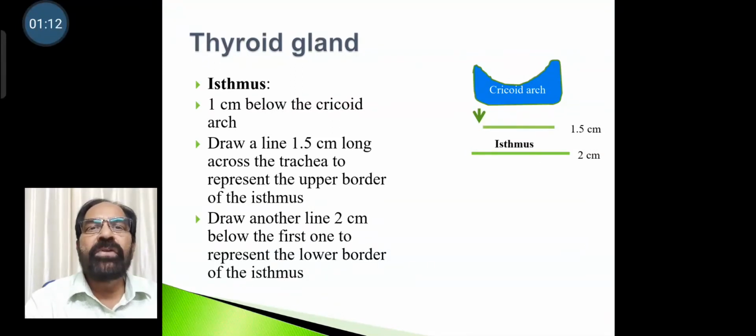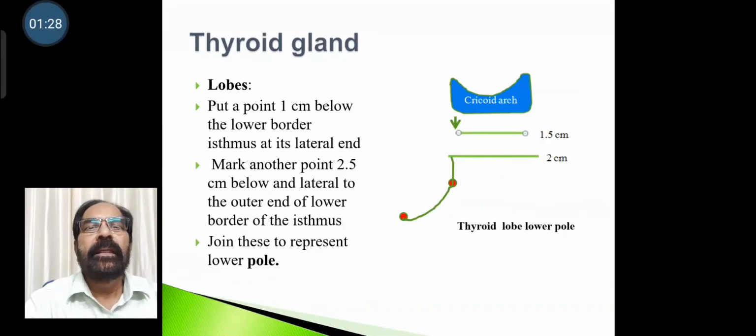So one is drawn 1.5 centimeters below the cricoid arch and another line is drawn 2 centimeters below the first line. Then to represent lobes, put a point 1 centimeter below the lower border as shown.